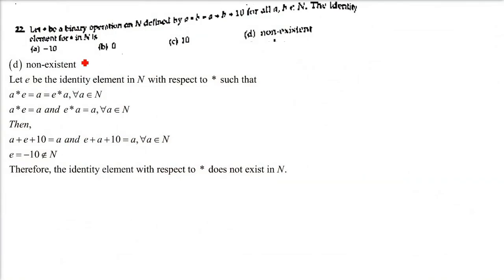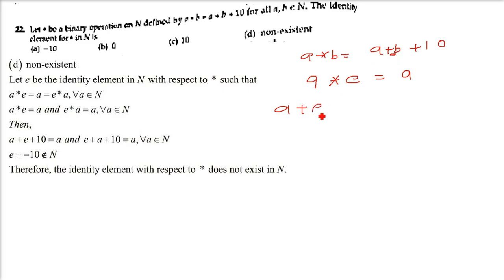Next, let's start with the binary operation on N, the natural numbers, defined by A star B equals A plus B plus 10 for all A and B belonging to the natural numbers. What is the identity element for star in N? When we operate A with the identity element, we should get back A again. A star E: replace B by E here.